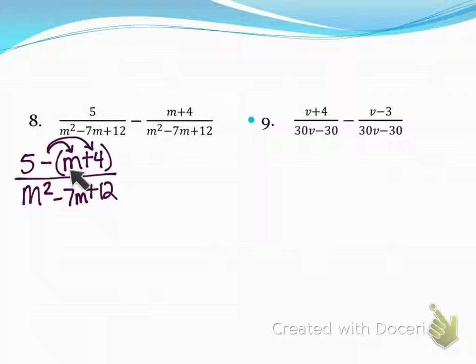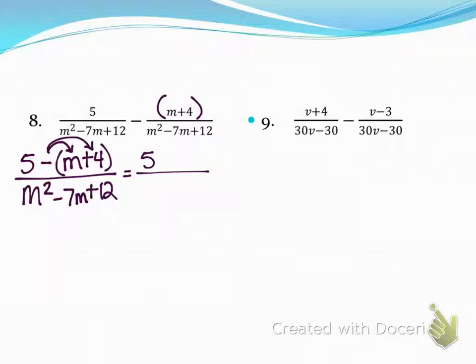So I would always put parentheses around my second numerator, even if you want to do it from the very beginning, to remember that you have to distribute a negative or a subtraction sign before you can combine your like terms. So on our next step, let's do that.